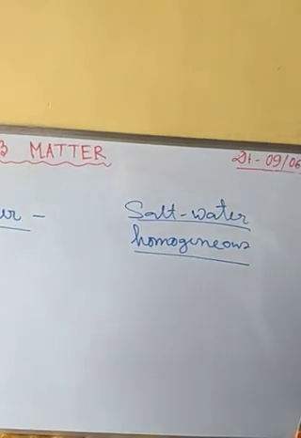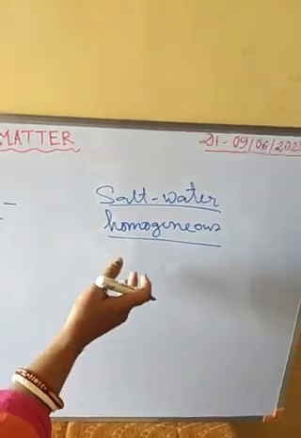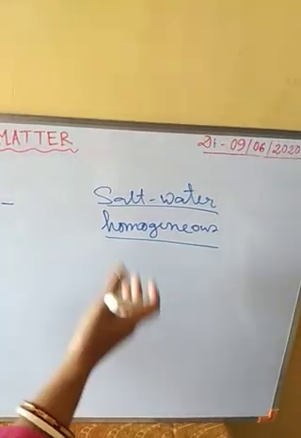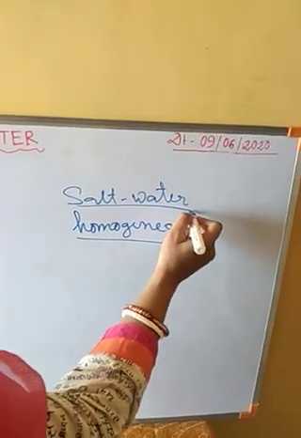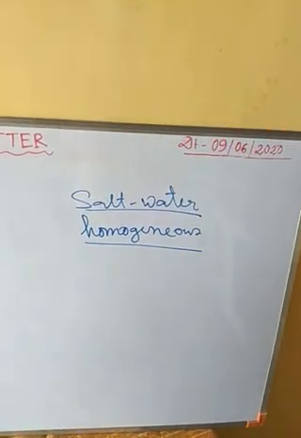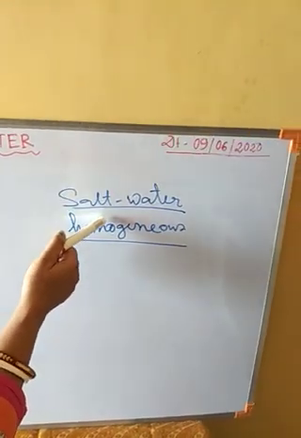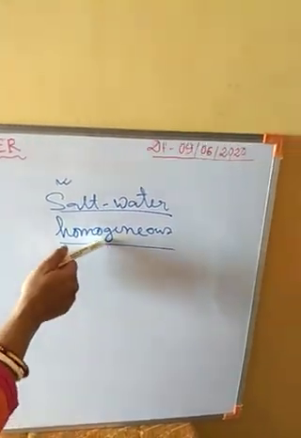All the properties of a homogeneous solution we can see in salt water. Throughout its volume, the concentration is the same, uniform, and we cannot see the particles separately. So salt water or sugar water is a homogeneous solution.